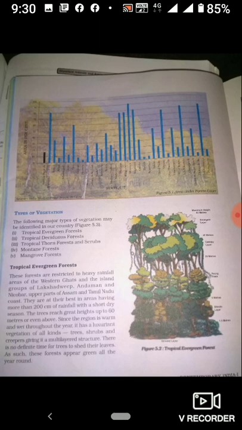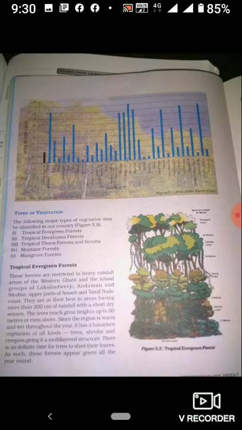So, first of all, we discussed the tropical evergreen forest. These forests are restricted to heavy rainfall areas of Western Ghats and in the islands of Lakshadweep, Andaman and Nicobar, upper parts of Assam and Tamil Nadu.